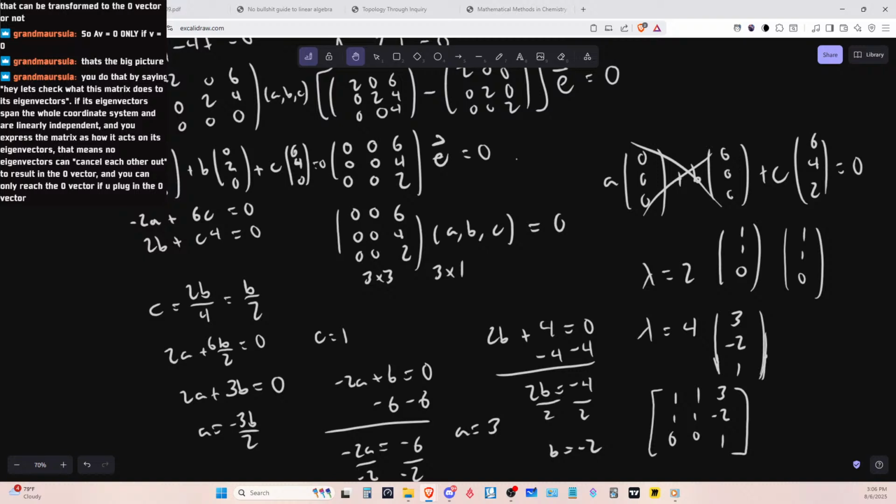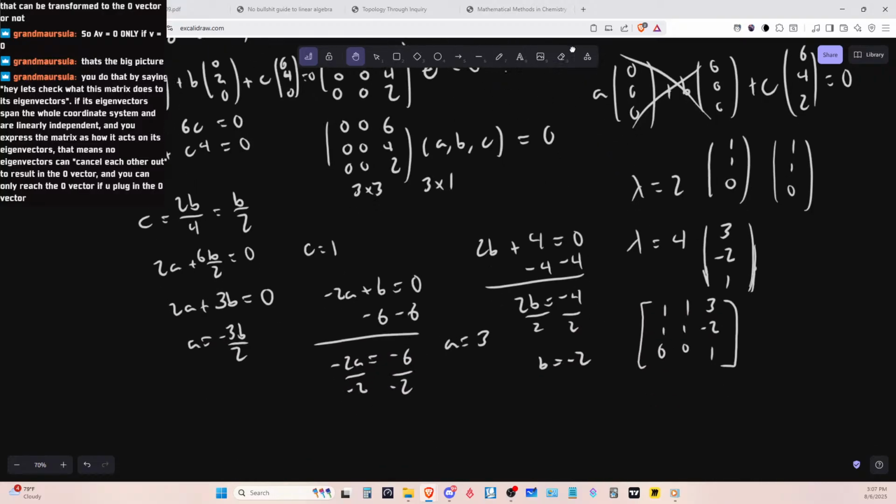If its eigenvectors span the whole coordinate system and are linearly independent, and you express the matrix as how it acts on the eigenvectors, that means no eigenvectors can cancel each other out to result in a 0 vector, and you can only reach the 0 vector if you plug in the 0 vector.